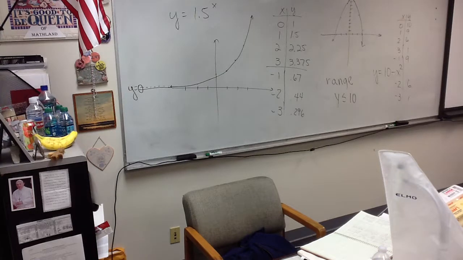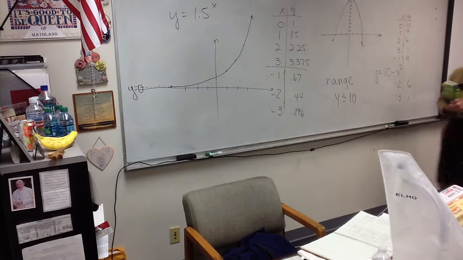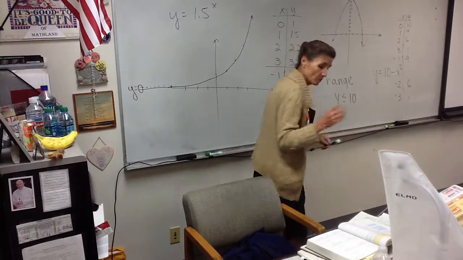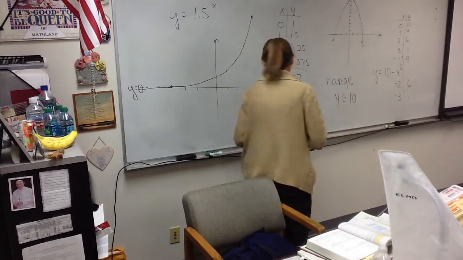All right? Tonight, what I would like you to do, and you can do this on note cards, or you can just cut up a piece of paper and do it on pieces of paper. But on the front of your note card or your piece of paper, we'll just do the first one, which is the identity function.